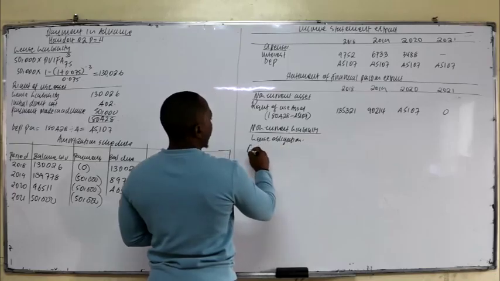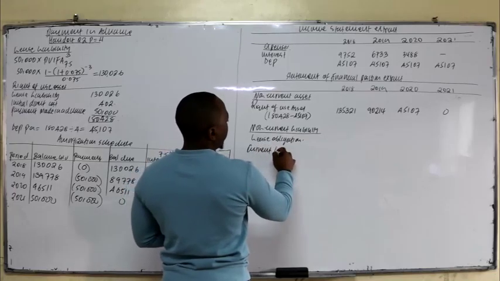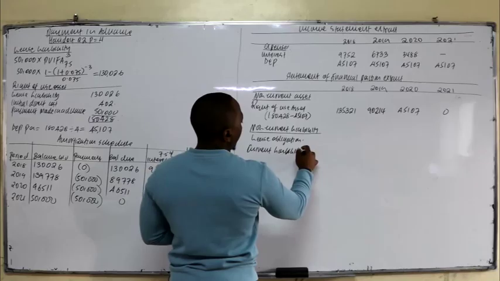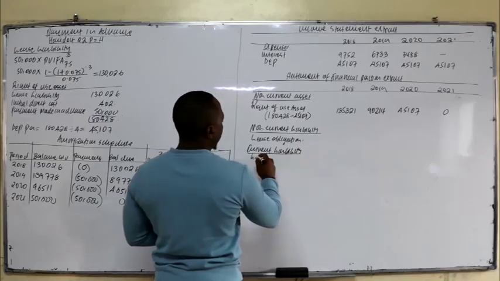Good. Then we have liability. For the liability, we have non-current liability. We have a lease obligation. Also, we have a current liability. We have a lease obligation.